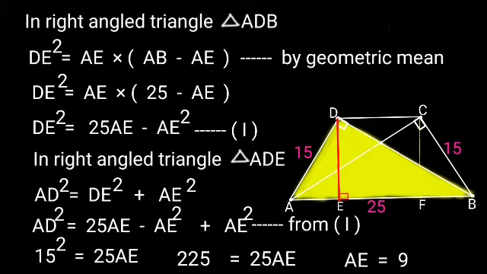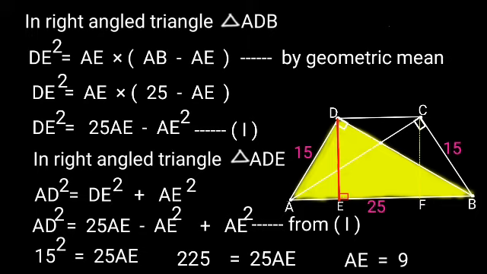In this triangle, angle ADB is 90 degree. Segment DE is perpendicular to the segment AB. Hence, by geometric mean, we can write here DE square is equal to AE into BE.